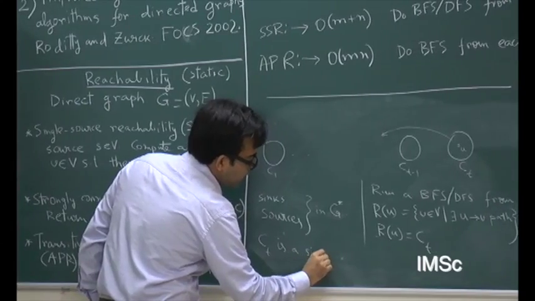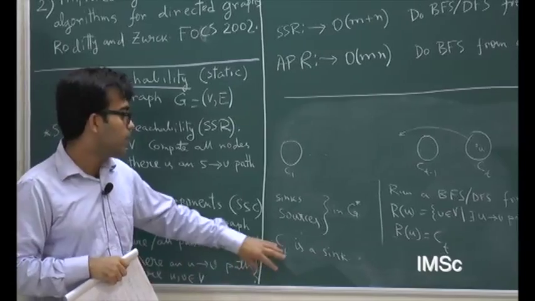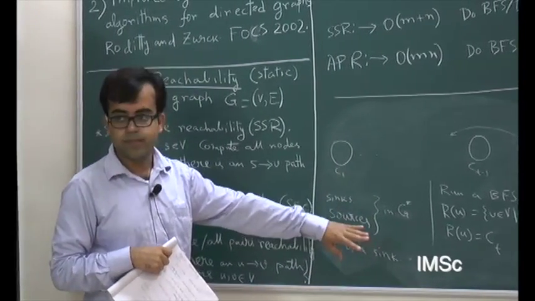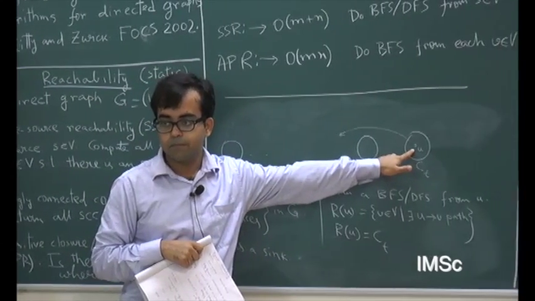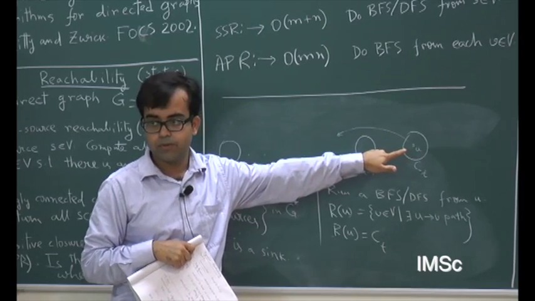So I am just giving an outline of the algorithm. The outline of the algorithm is CT is a sink. First, assume that somehow we are given a node in this sink. I will get back to how to get this node. Okay.